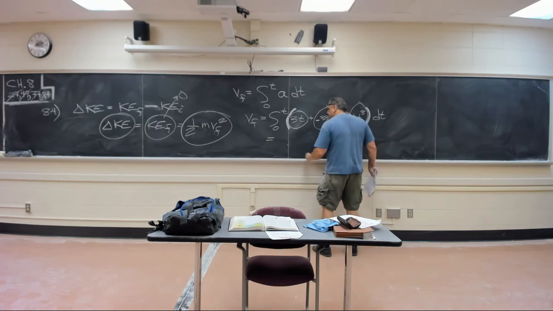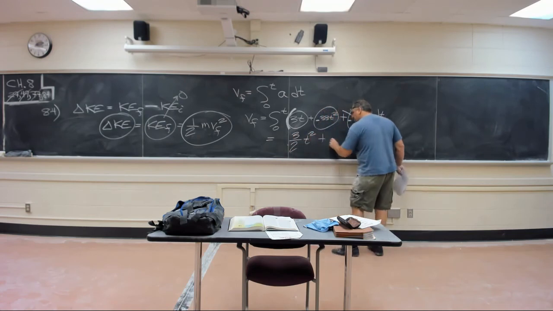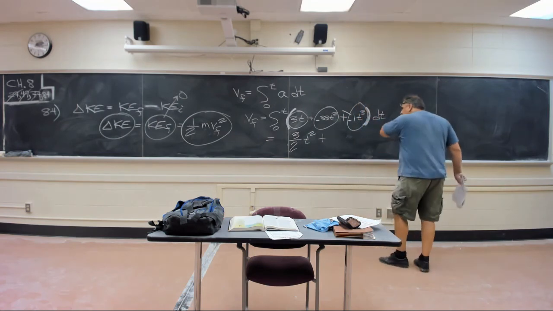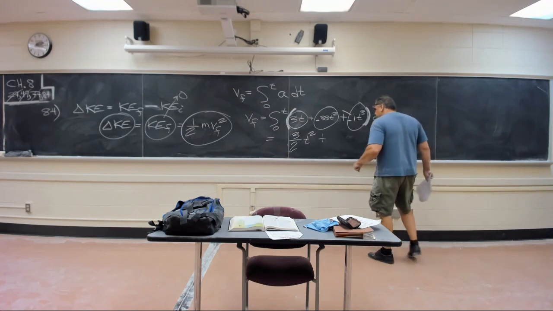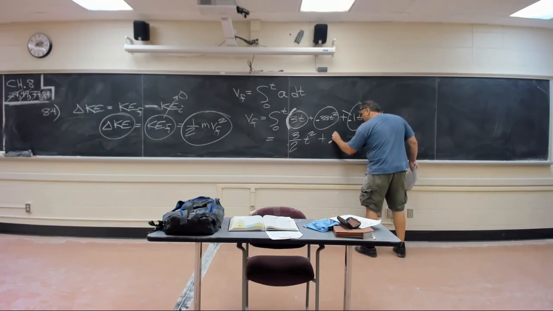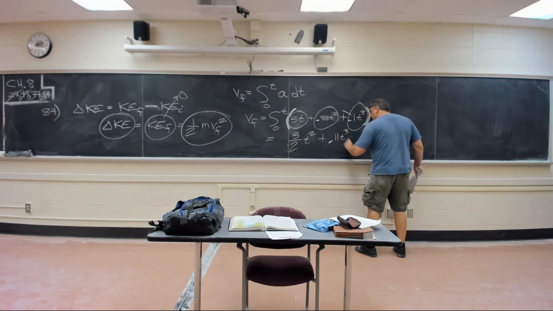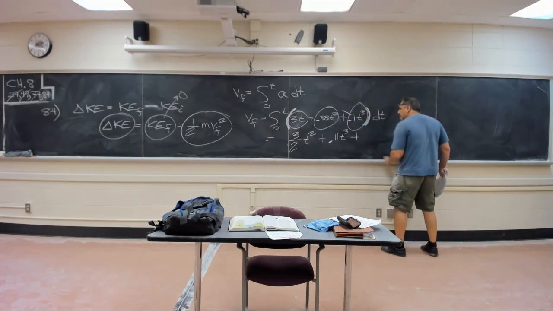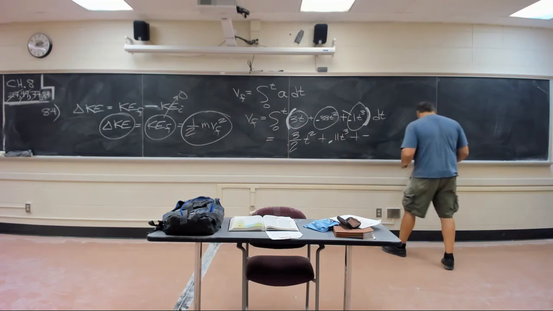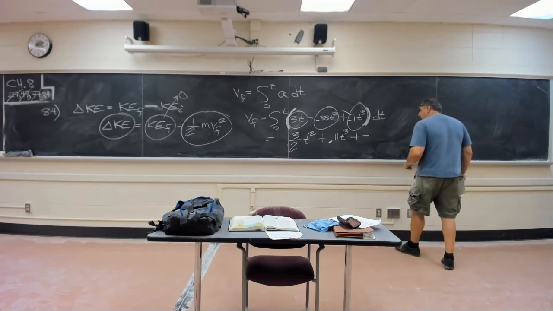Go for it. This is 3/2 t squared. This is, it's a long story, 0.11 t to the third. If you take the derivative of this, you'll get that. If you take the derivative of this, you'll get that. This one right here is negative, well, I'll tell you what we're going to do on this one.